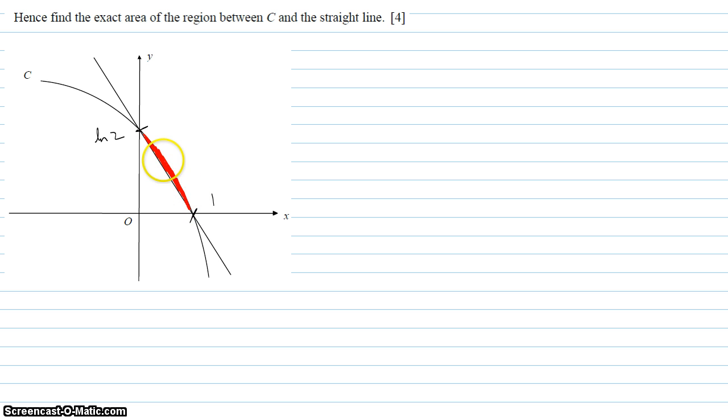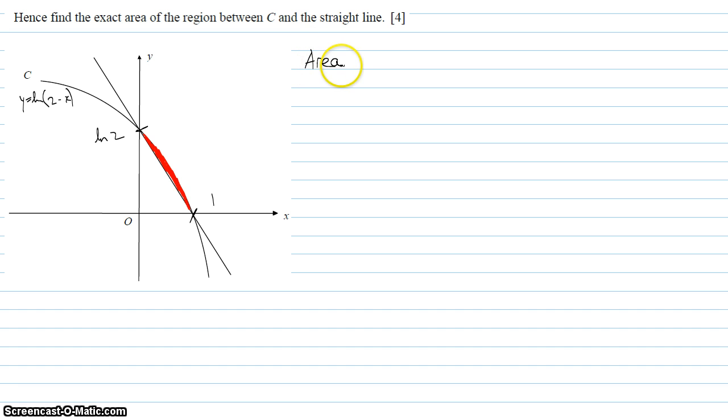So, how do I find that? Well, clearly, that's the area beneath the curve C, y equals ln(2 − x), minus the area under the straight line. But the area under the straight line is just the triangle, right? So this isn't too bad.